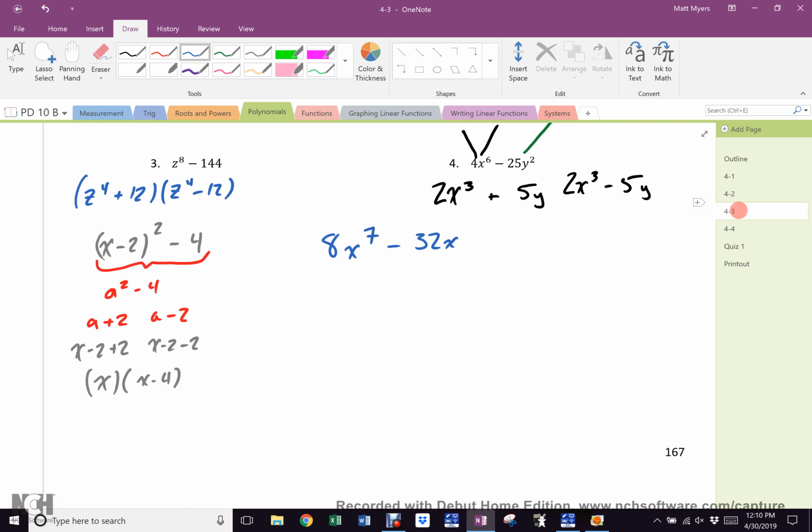What's the GCF? 8 what? What's 8x to the 7th divided by 8x? X to the 6th. What's 32x divided by 8x? 4. Minus 4. Now what? What's that? And?